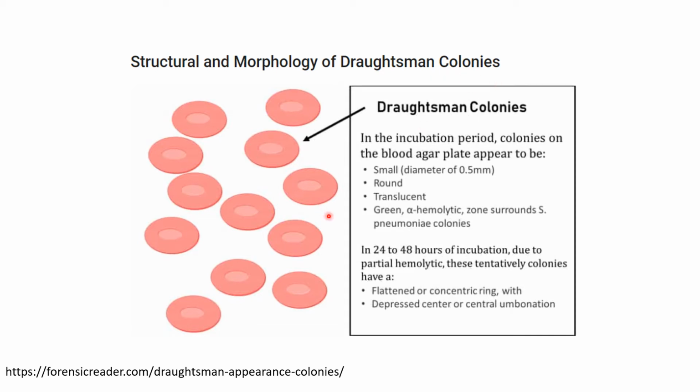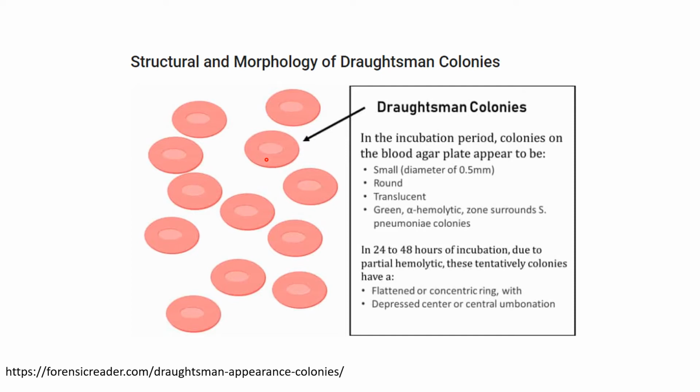Take note, Dropman colonies could be flattened or concentric ring with depressed center or central umbonate. Sometimes there is a peak at the center, then depression, and then here it is like normal.